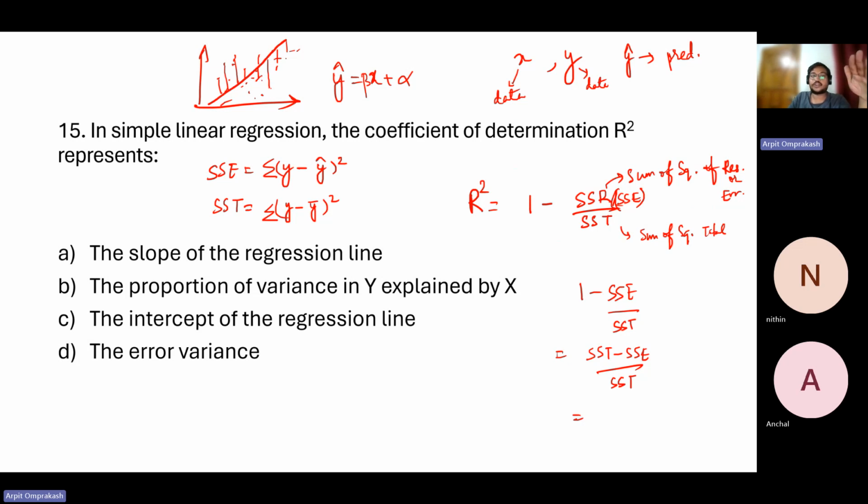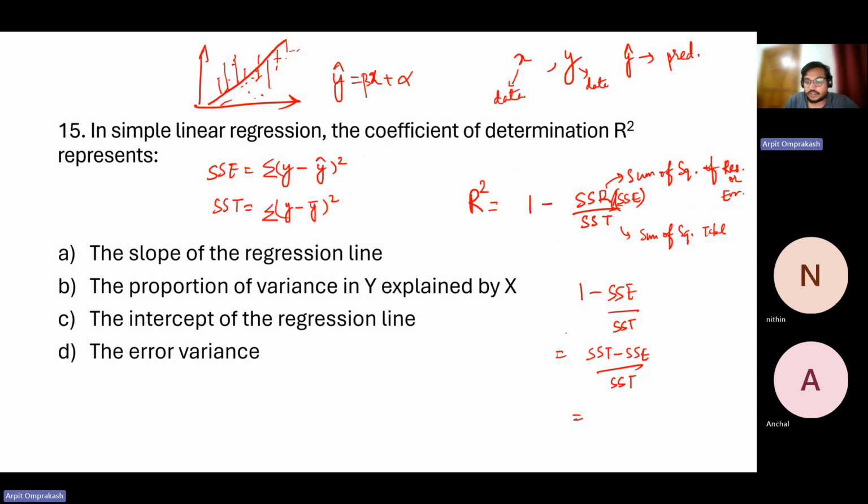All the points that you have, how far away are they from the mean, from the central point? So that is the total variance of the data in a way, right? This is the sum of squares total. If you divide it by n, you get an unbiased estimator of the sample variance.